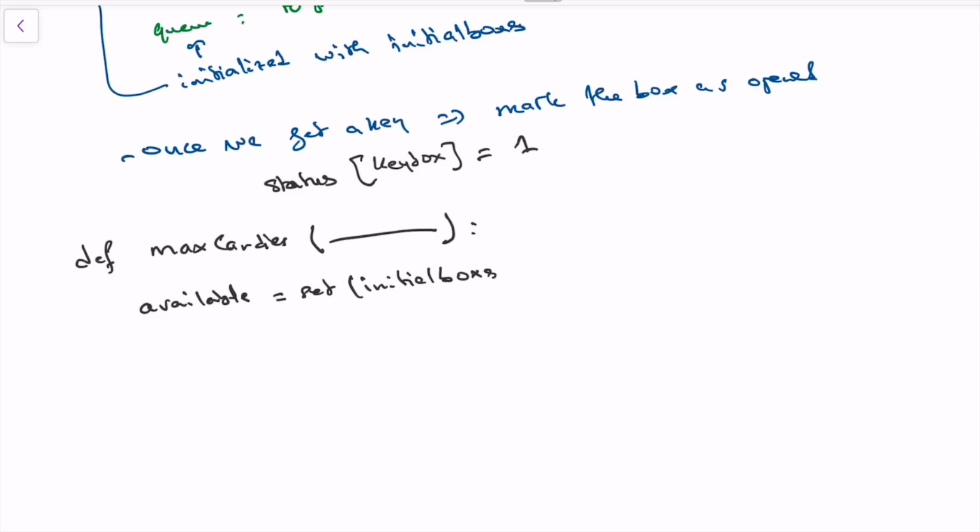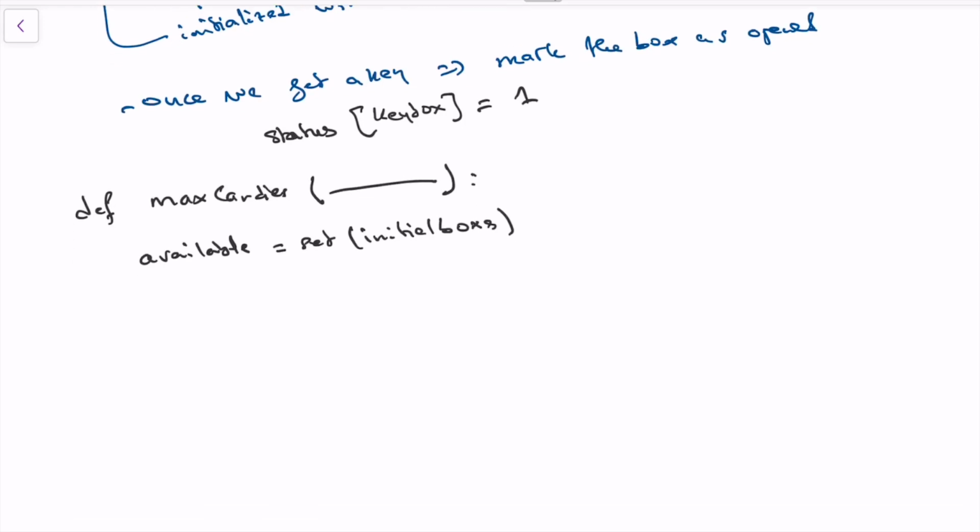So those we already have them, they are available, right? And we have the visited set that I'm just going to initialize to the initial boxes because I consider that I'm going to process them. And then I need the queue that will contain all the boxes that are ready to be processed.